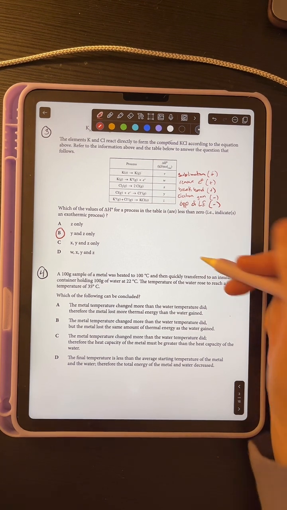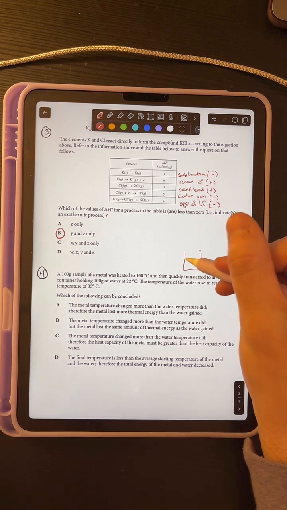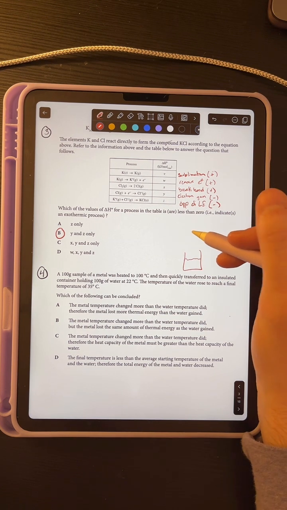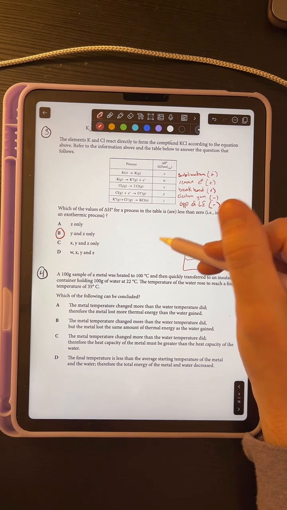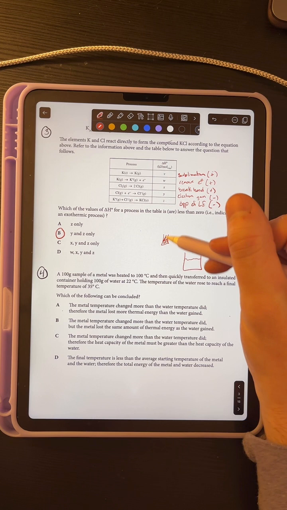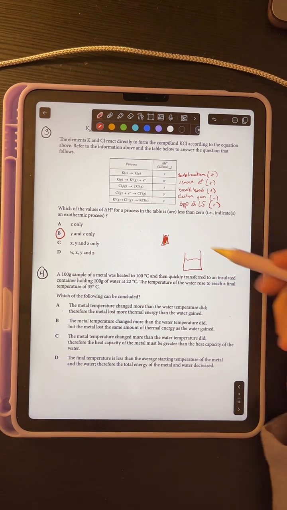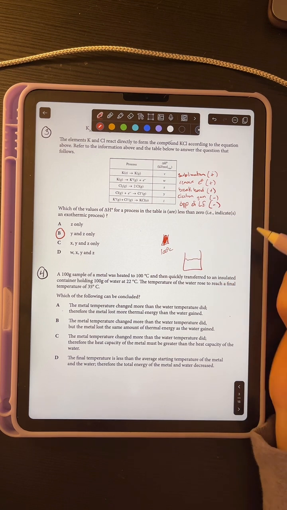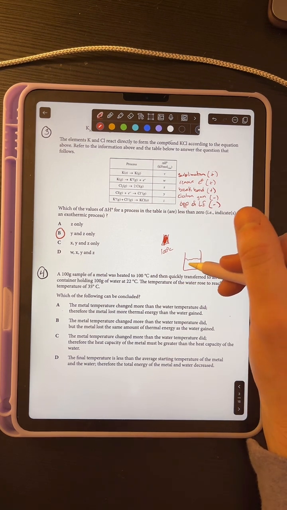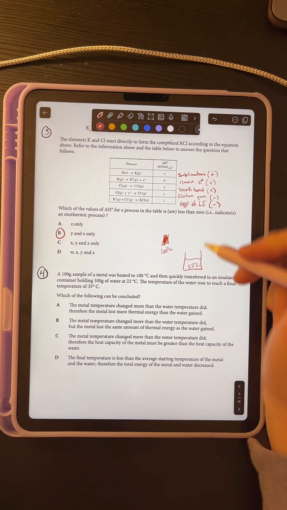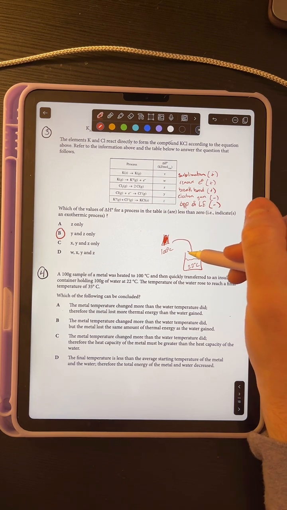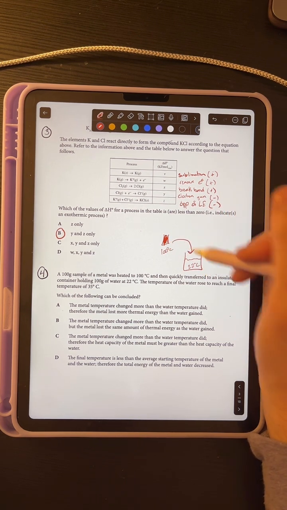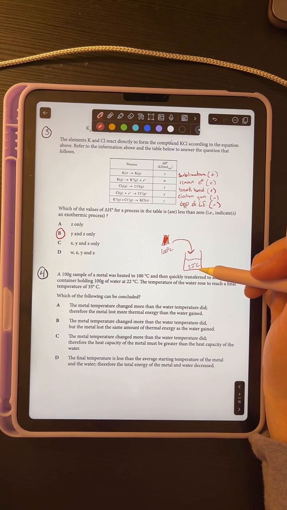So here, what we're doing is we have water in a beaker, and we are going to take a 100-gram sample of metal. So I'm just going to put like a big block there. And so this metal is at 100 degrees Celsius, and this water is at 22 degrees Celsius. What's going to happen when I add this hot metal to the colder water?